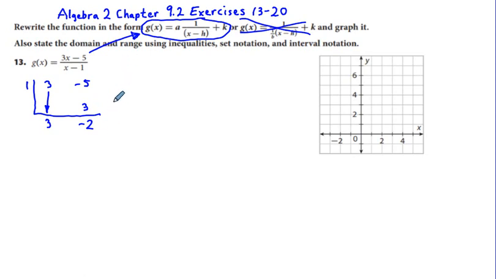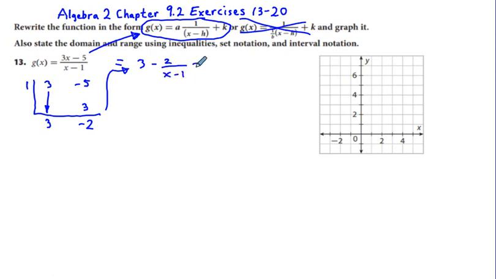So this translates into, I'm going to put an equal sign here, 3 minus 2 over the divisor x minus 1.